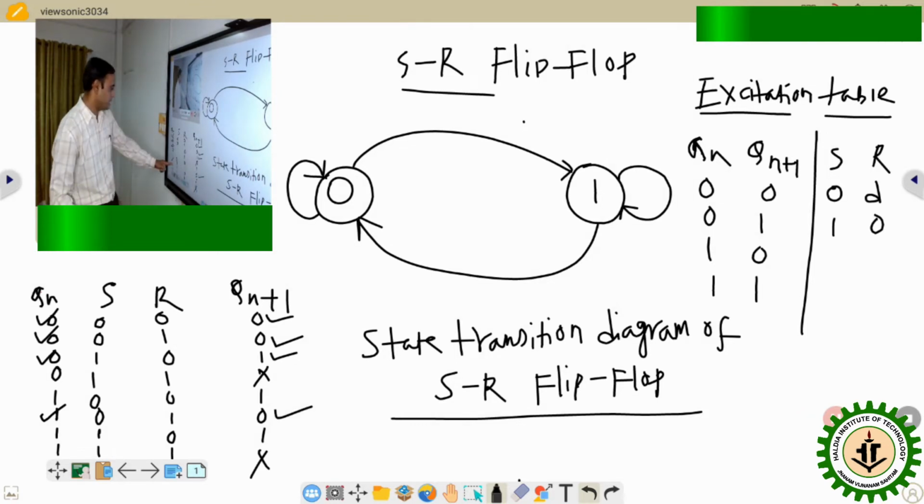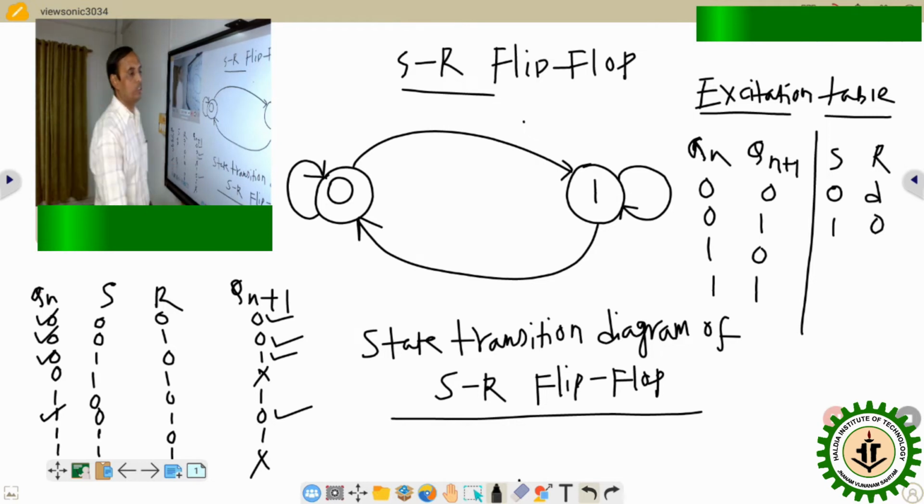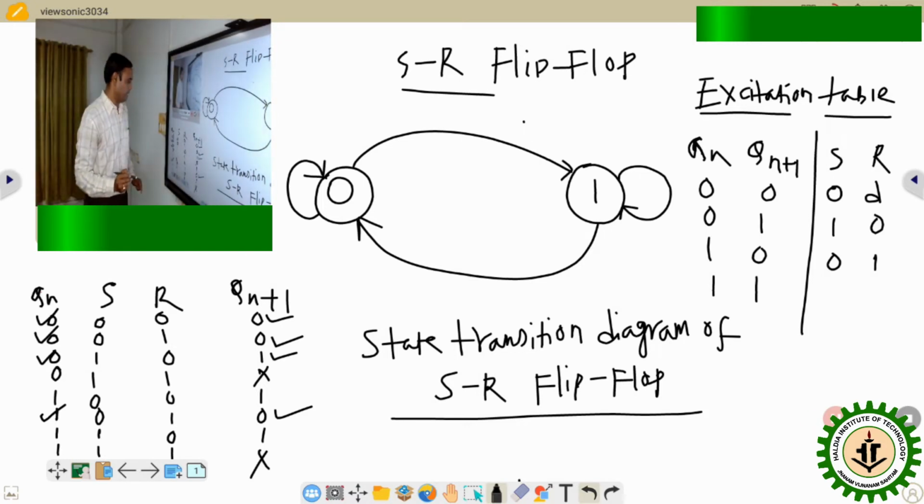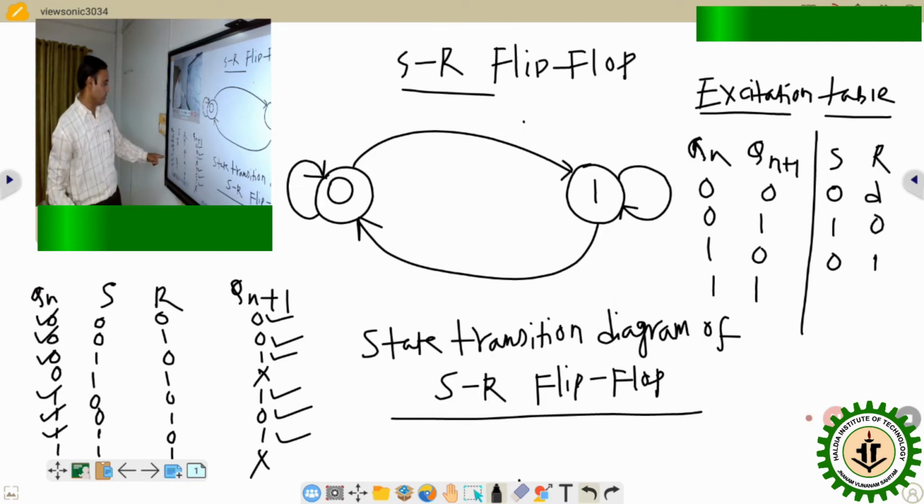What is the value? 0 1. And last, 1 1. In this portion, for the case of 0 0, and another here 1 1 for the case of 1 0. So 0 0 and 1 0.